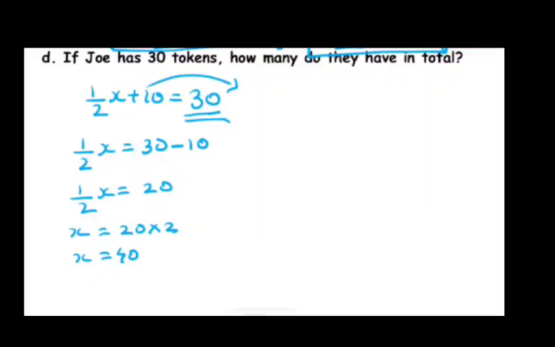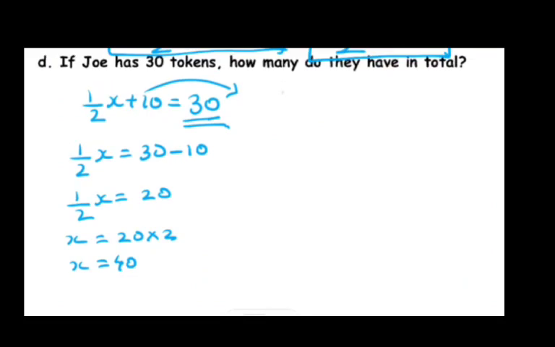Alright, now we have Gabby has x, Joe has 30, they've given the value, and Corey has twice of Joe, which is 2 into 30, equal to 60.